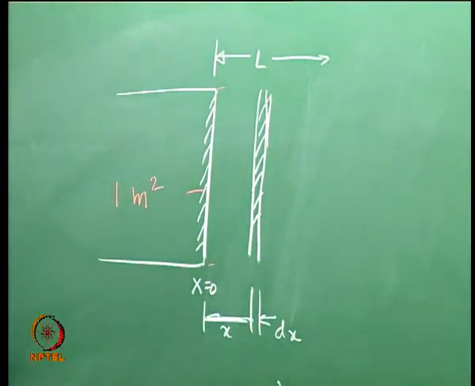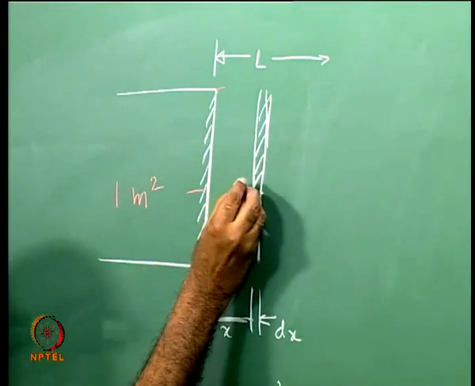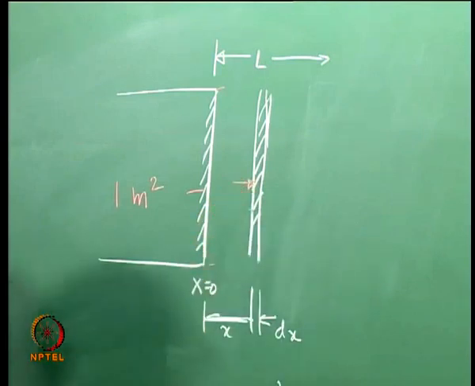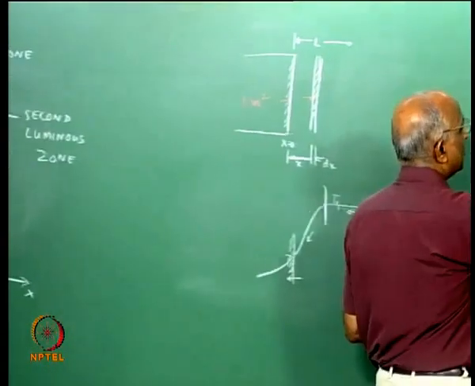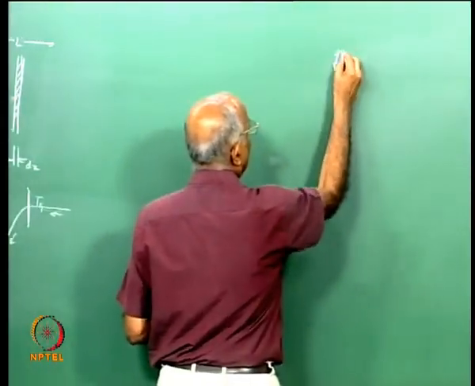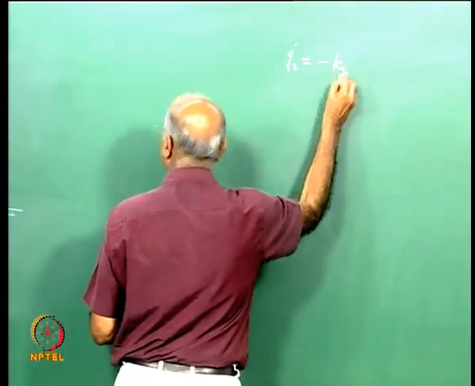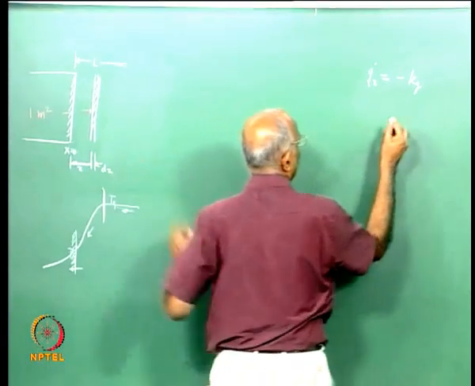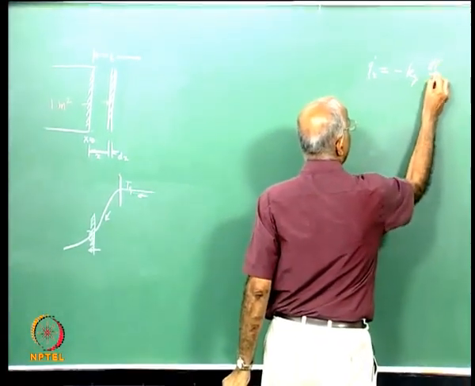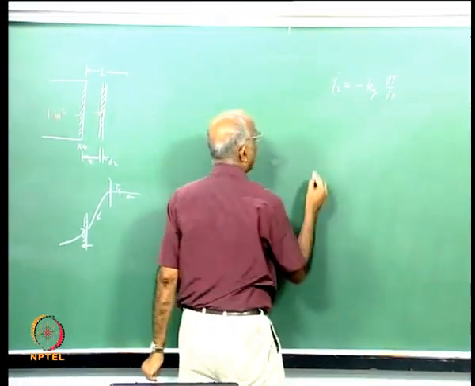Now, the temperature increases, let us say there is some heat conduction here. What is the value of heat conduction? Q at x, the rate of heat conduction at x, is equal to minus, it is a gas phase, therefore the thermal conductivity of the gas kg into dT by dx, by Fourier law.